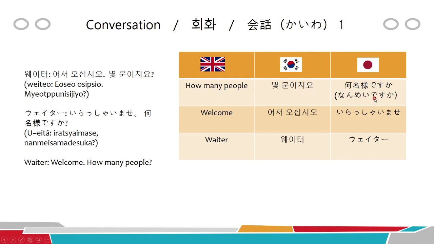I forgot to put the sama at here, but this kanji is read as a sama. Is this nan, mei, sama, and desu ka? Altogether, 何名様ですか? In here, 몇 분? In Korean, this means how many people.